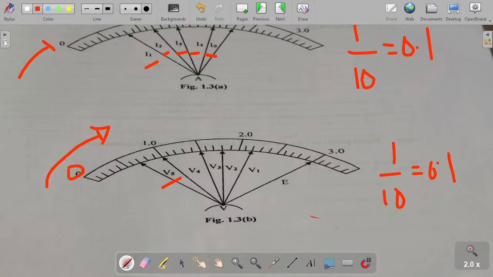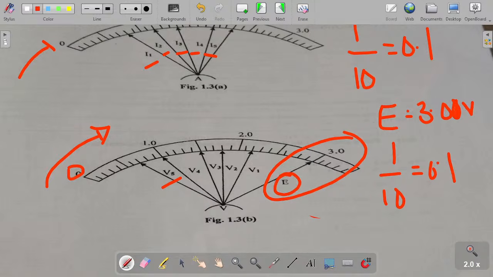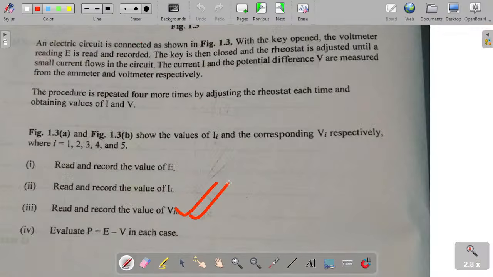Then 4. Then down to our E, which is the EMF. From the reading, the value is 3.00 volts. That's our E now, 3.00 volts.